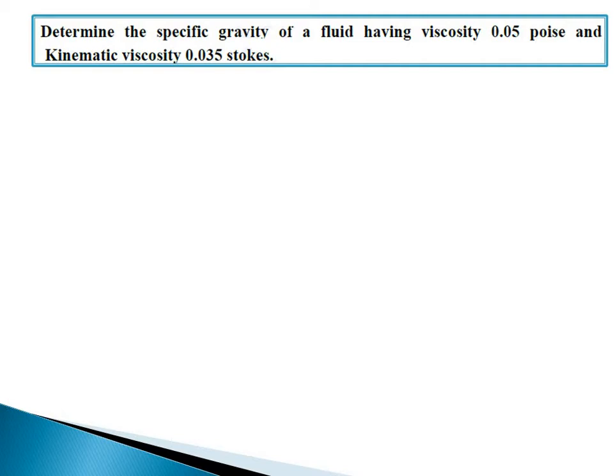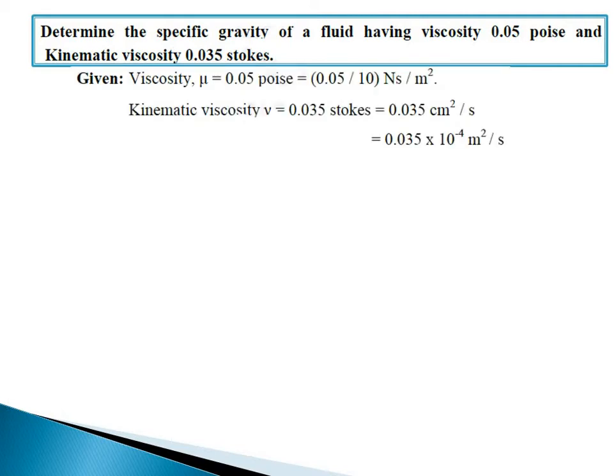Determine the specific gravity of a fluid having viscosity 0.05 poise and kinematic viscosity 0.035 Stokes. In a previous lecture we discussed unit conversion of poise and Stokes. Here the viscosity is given in poise as well as kinematic viscosity in Stokes.